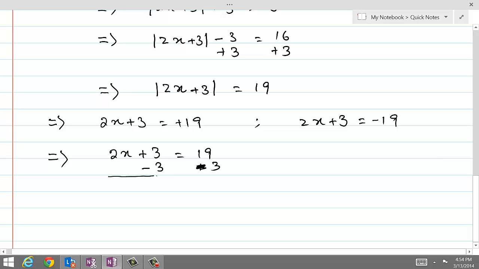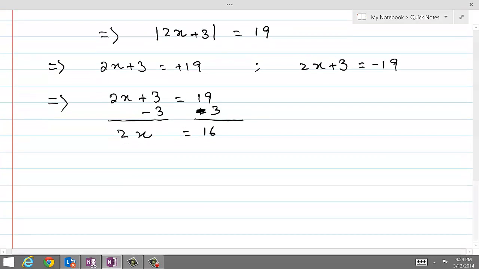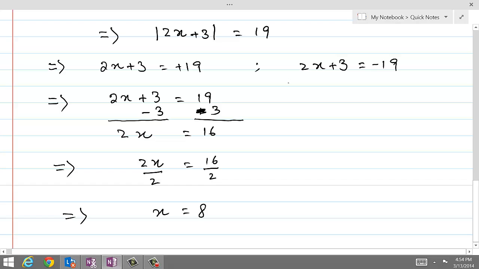So this should give us 2x equal to 16, and divide this side by 2. This would give us x equal to 8.